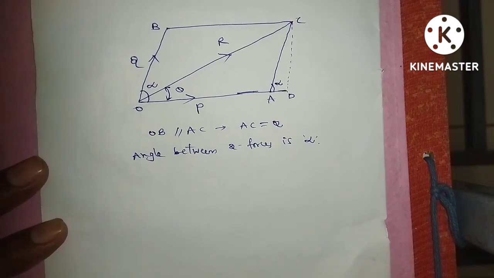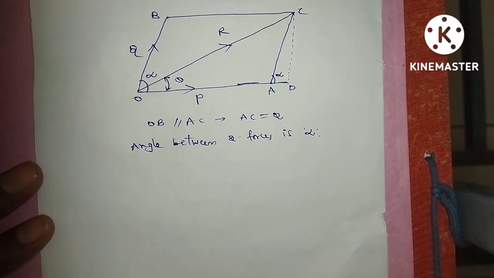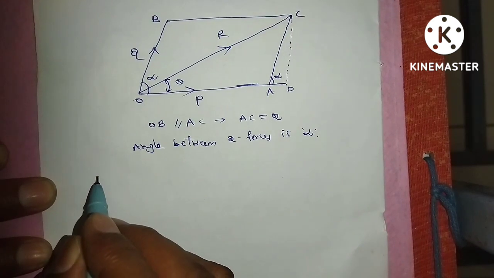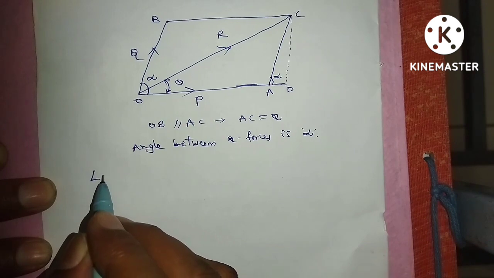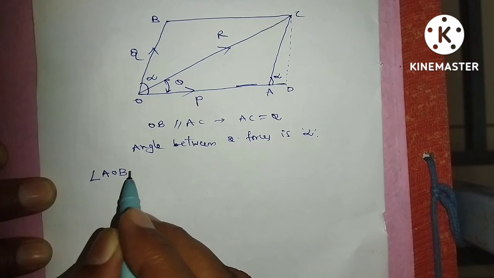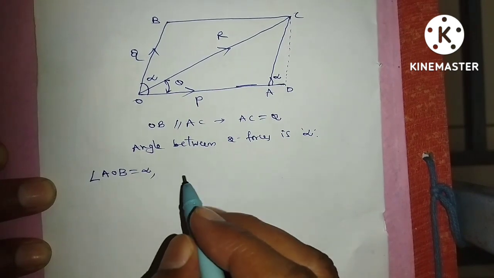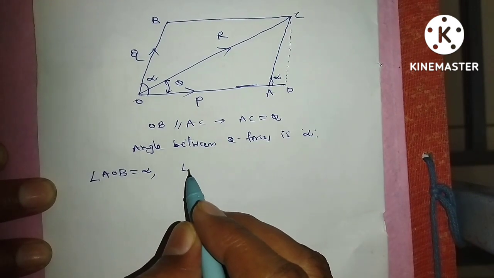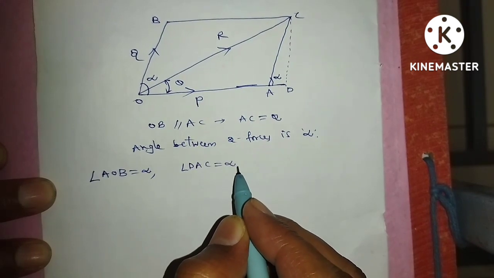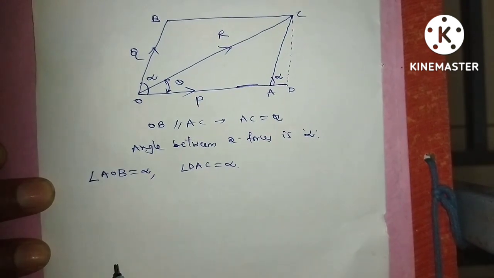Now in this diagram, triangle DAC and triangle DOC are two right angle triangles. From triangle DAC, angle DAC is equal to alpha. From triangle AOB, angle AOB is equal to alpha.